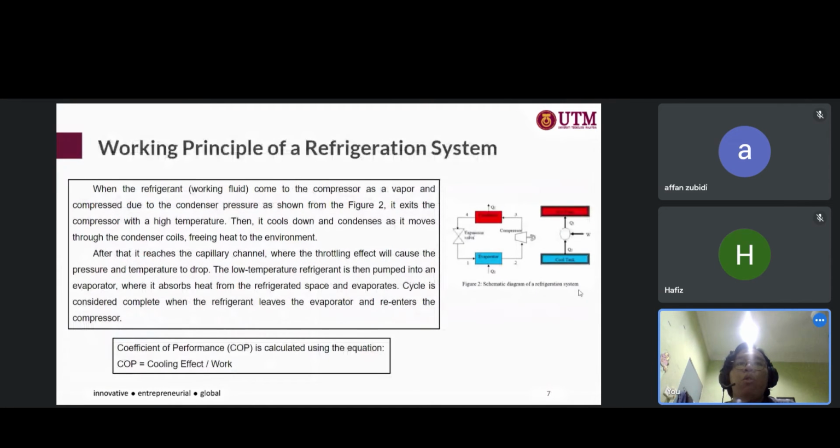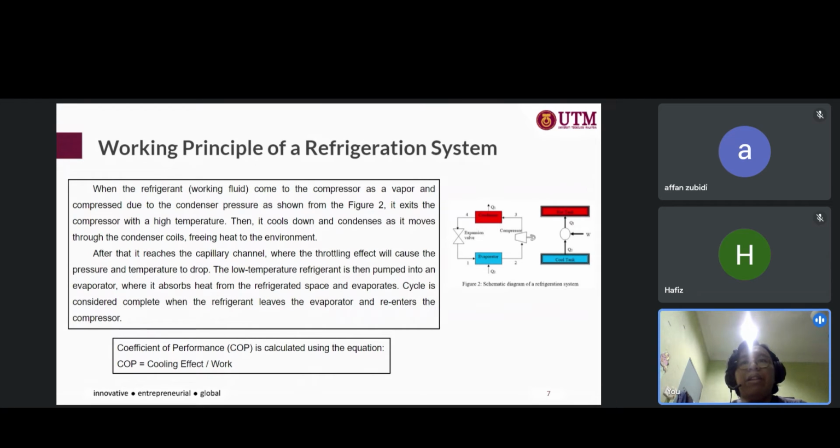So what is the working principle of a refrigeration system? When the refrigerant, the working fluid, which was already explained by Afan earlier, comes to the compressor as a vapor and is compressed to the condenser pressure as shown in figure 2, it exits the compressor at a high temperature. Then it cools down and condenses as it moves through the condenser coils, freeing heat to the environment.